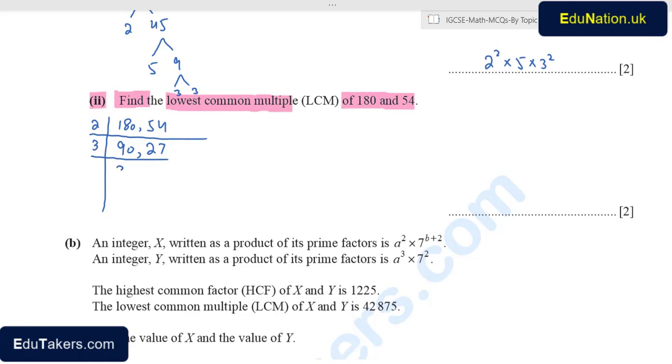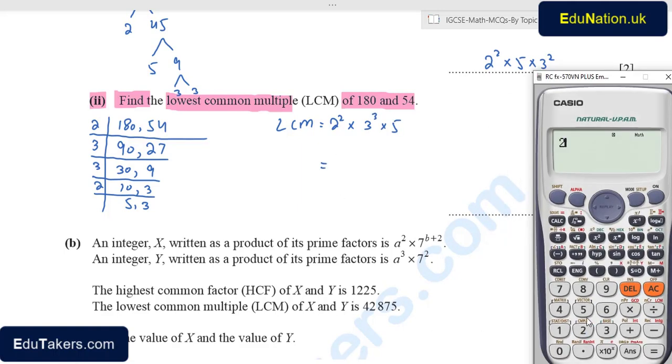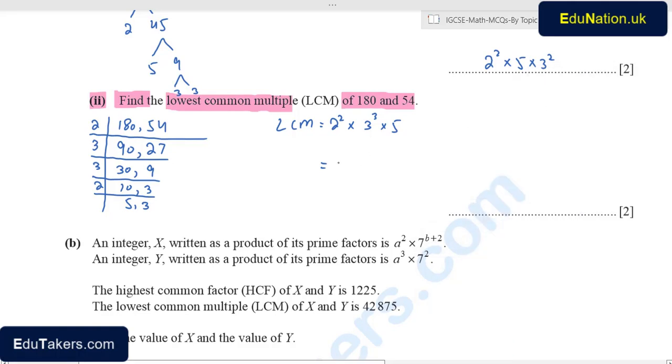Then 3 30s the 90, 3 9s the 27, 3 10s the 30, 3 3s the 9, 2 5s the 10 and 3. So LCM is equal to, there are 2 2's, 2 square times 3 3's and 1 5. 2 square times 3 cube times 5 is 540.